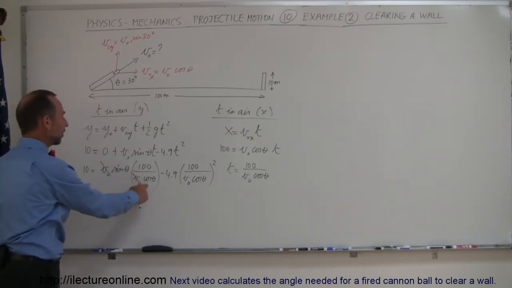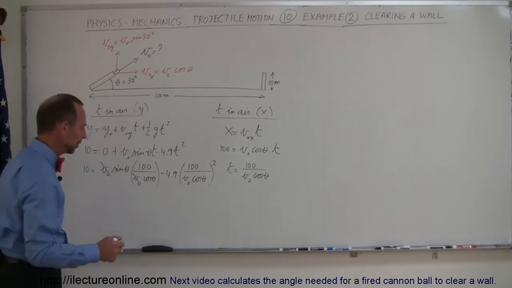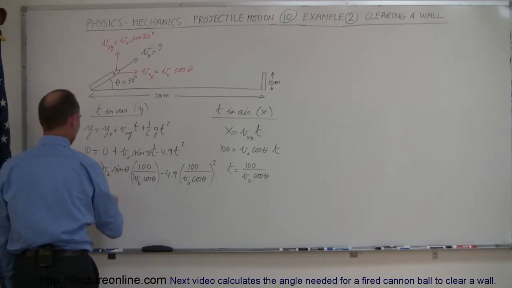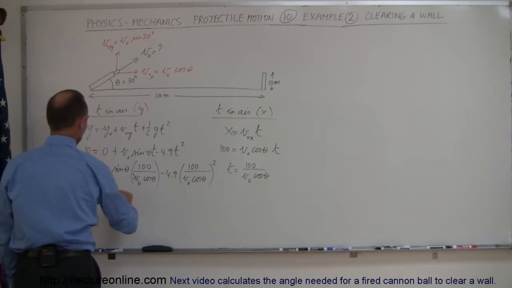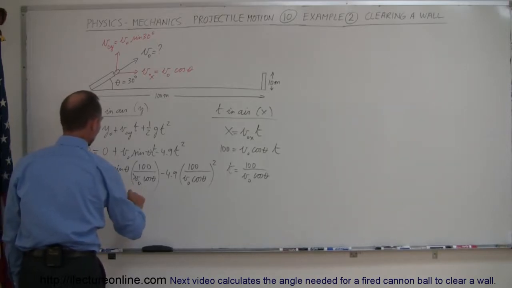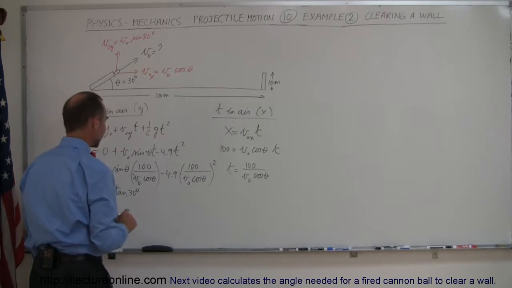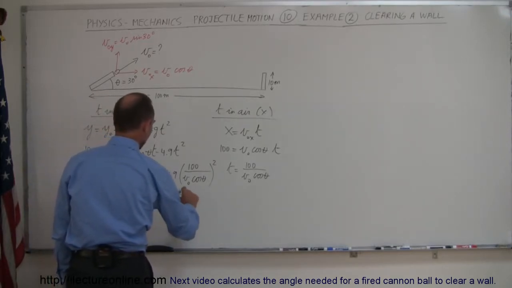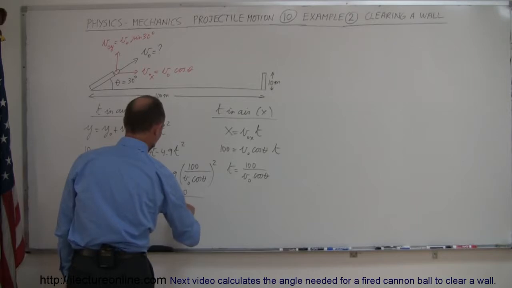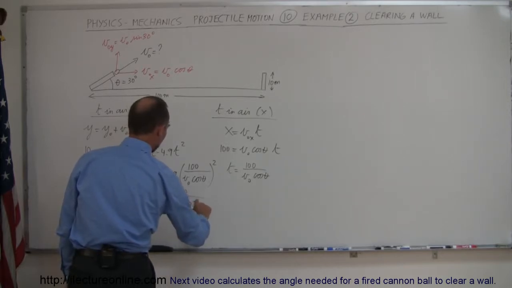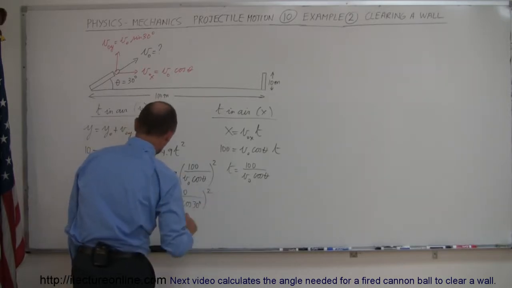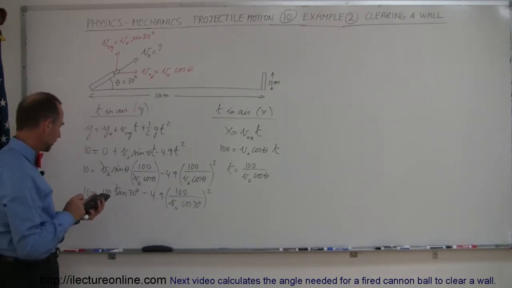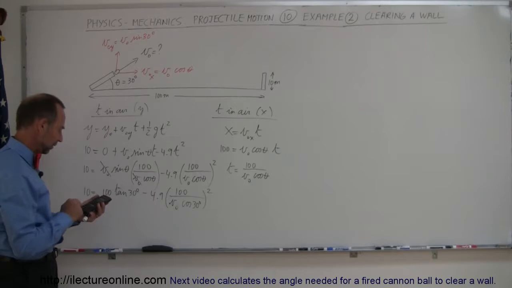The sine divided by cosine is the tangent of theta. So this becomes 10 is equal to 100 times the tangent of 30 degrees, minus 4.9 times 100 divided by v initial times the cosine of 30 degrees, squared. So I have 30, take the tangent of that, which is 0.577, times 100.